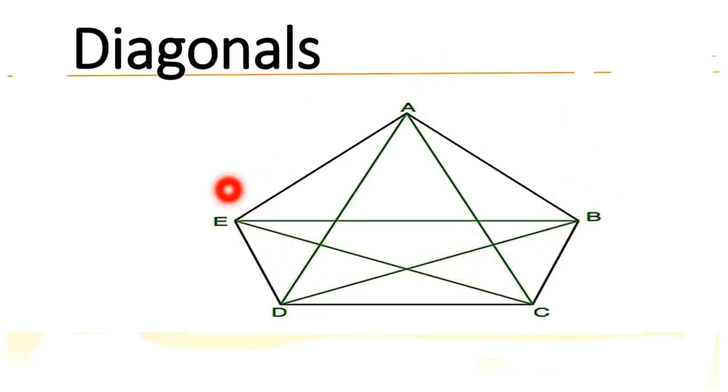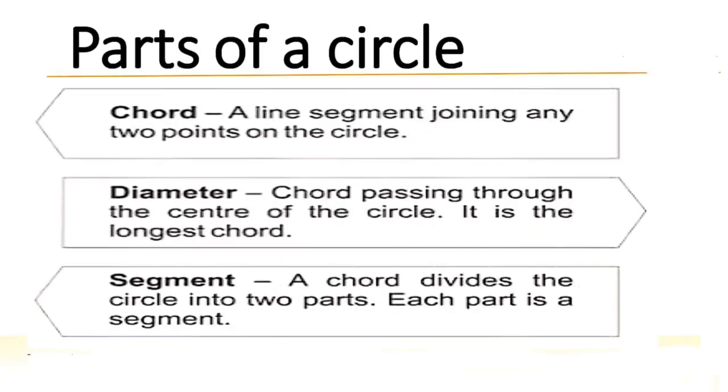These are the vertices of this pentagon. Now if I connect 2 vertices with a line segment, that is called a diagonal. So a diagonal is a line segment connecting 2 vertices.